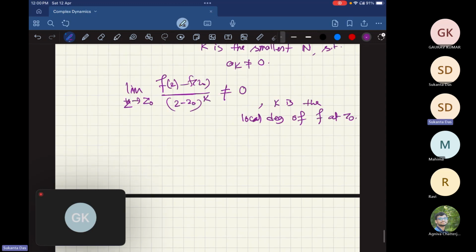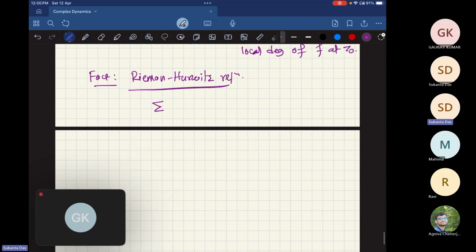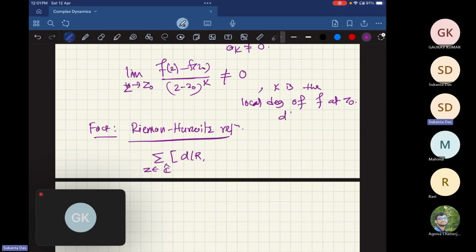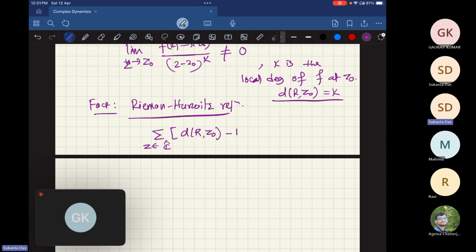Here one fact I'll simply mention, called the Riemann-Hurwitz relation, which says that for a rational function, if you take the sum over the points of this expression, denoted by d of R at the point z0, then the sum of this expression over all z in C hat is nothing but 2 times the degree of the map minus 2.